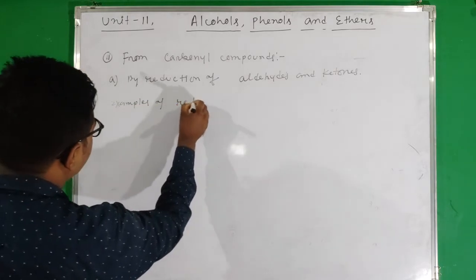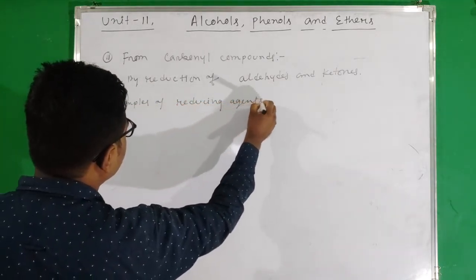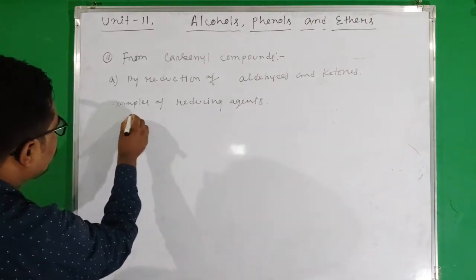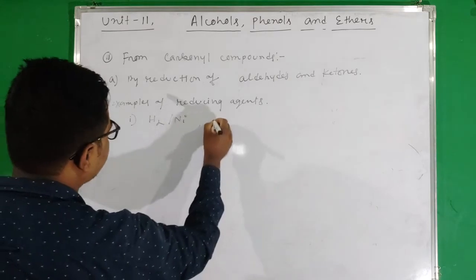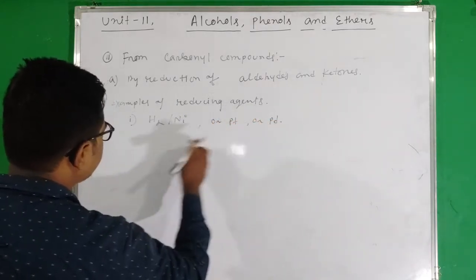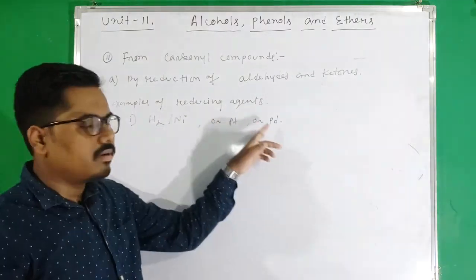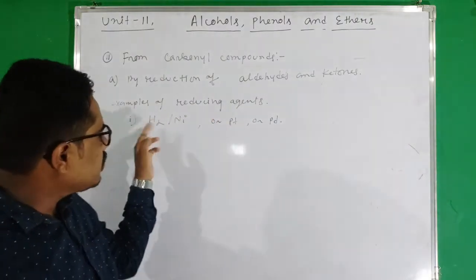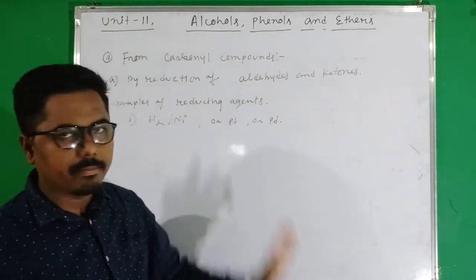Examples of reducing agents: number 1, hydrogen in presence of nickel, or platinum or palladium. That means hydrogen in presence of nickel, hydrogen in presence of platinum, hydrogen in presence of palladium.